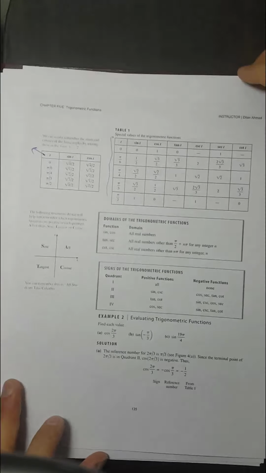So we have a unit circle, each one with the angle 0, pi over 2, pi, 3 pi over 2, and 2 pi again. Now, how about the points? I have 1 and 0, 0 and 1, minus 1 and 0, 0 and minus 1.